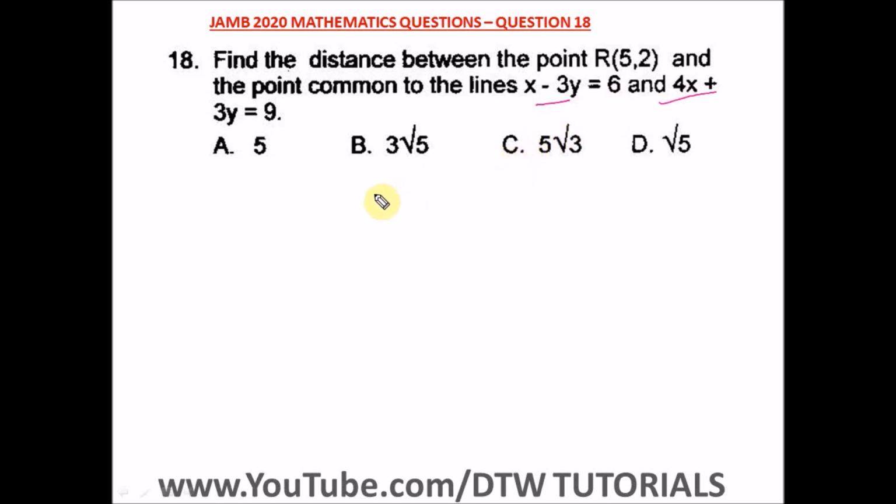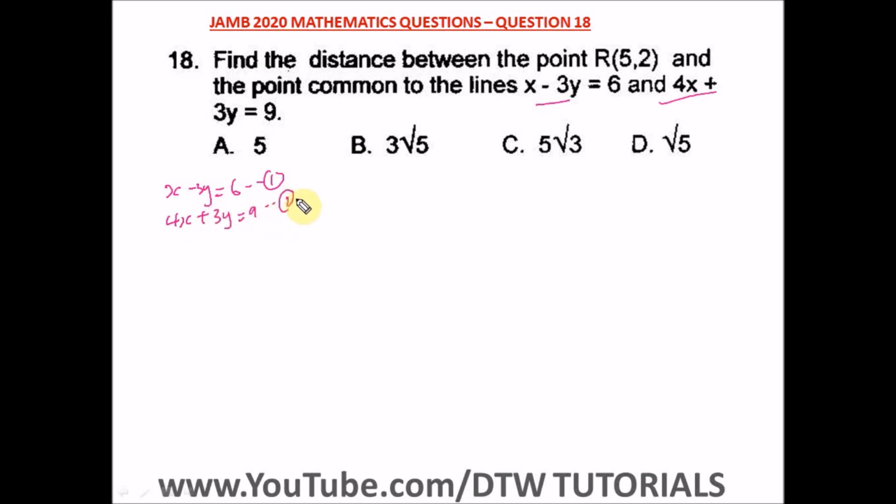So now we have to factorize this equation, or we solve for it using method of substitution. So we have x minus 3y equals 6. Let's call that equation 1. And we have 4x plus 3y equals 9.